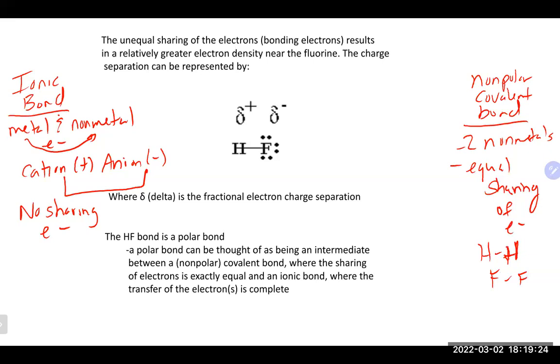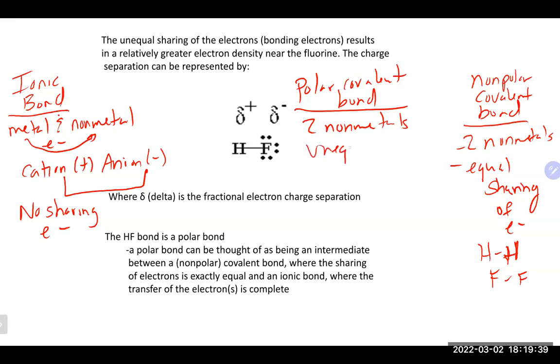And in the middle between them, we have a polar covalent bond, or just a polar bond, also between two nonmetals. And here we have unequal sharing of electrons. Obviously, HF is an example of that.